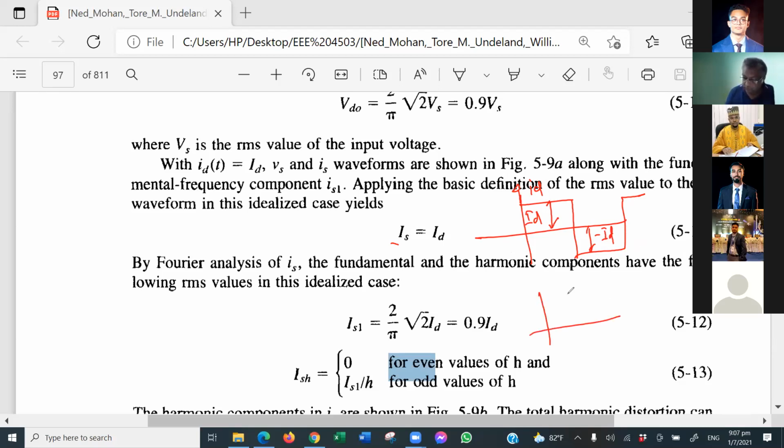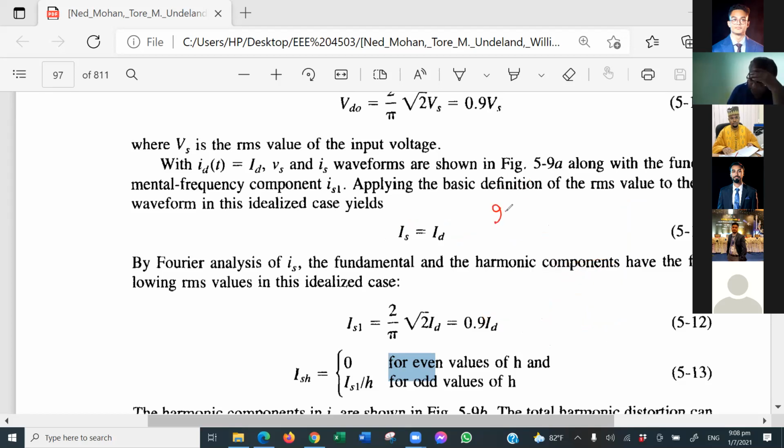So you have to square it. If you square it, it comes like this, and then if you take the root, it will come again like this. That means ID. So the RMS value of the rectangular wave will be the same as the peak value. You got my point? Yes, sir. Okay, good.